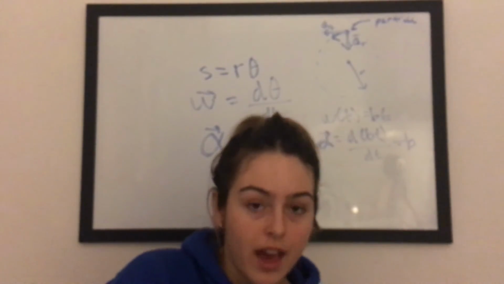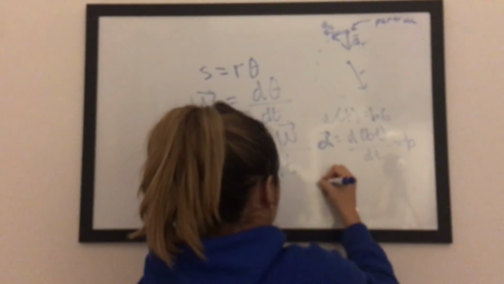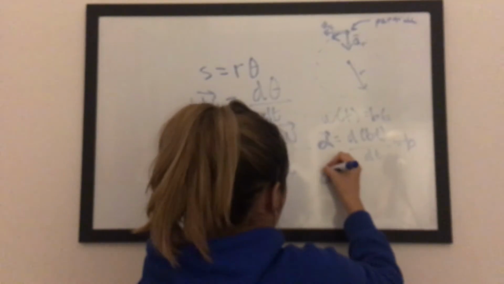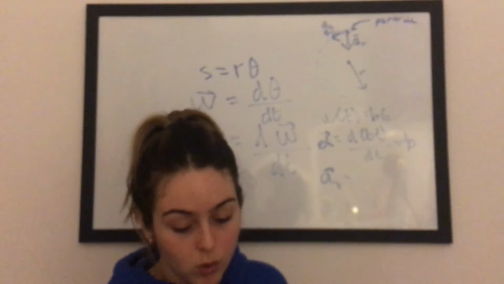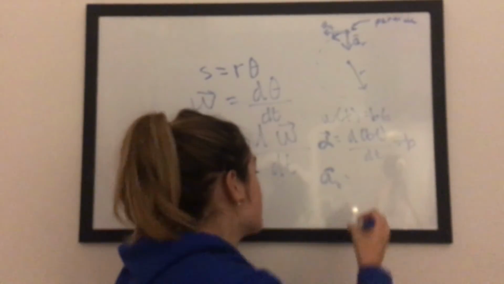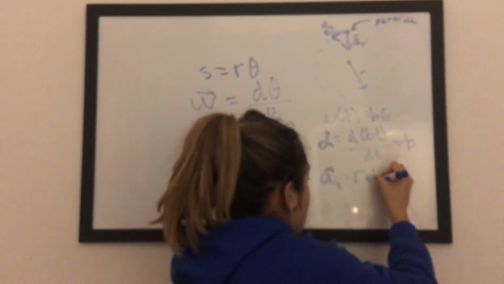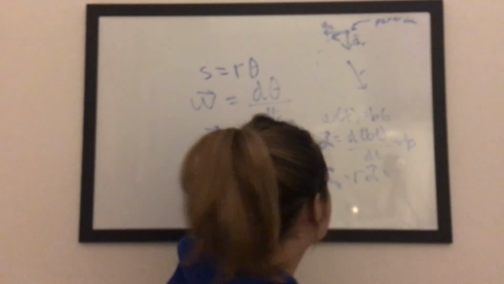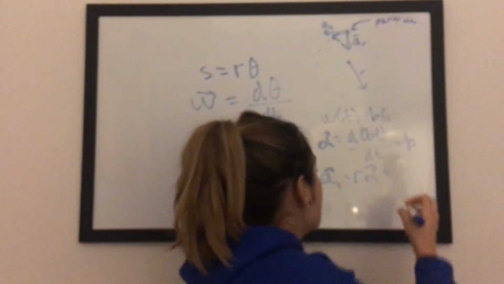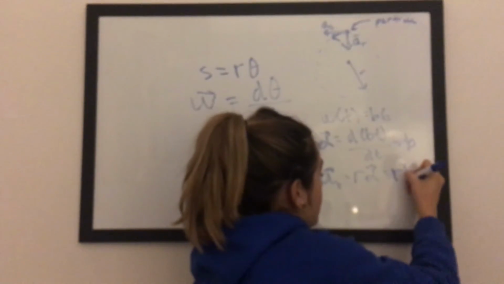So we know that the tangential acceleration is going to be equal to the radius times the angular acceleration, which is equal to r times the constant b, which we solved right here, r times b.